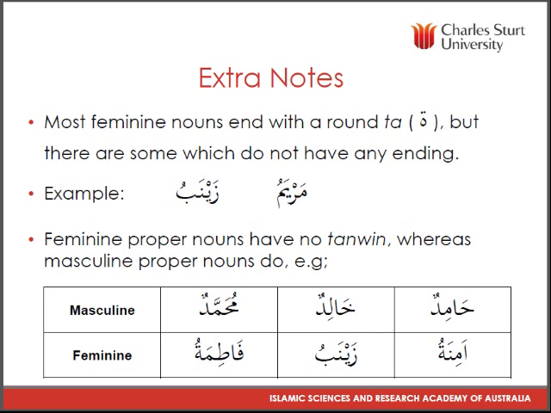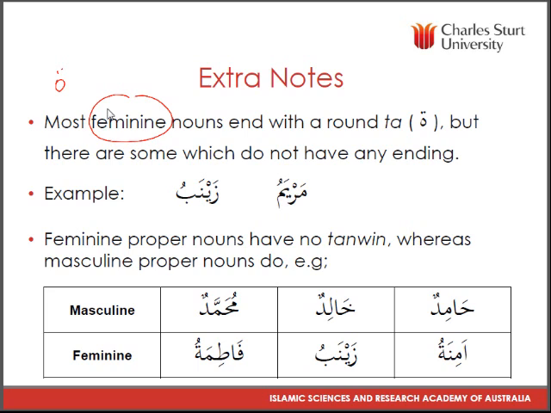There are certain rules for proper nouns. Remember, to make things feminine, last week we said that there should be te at the end. When we see te in a word, directly we understand that this word is feminine.